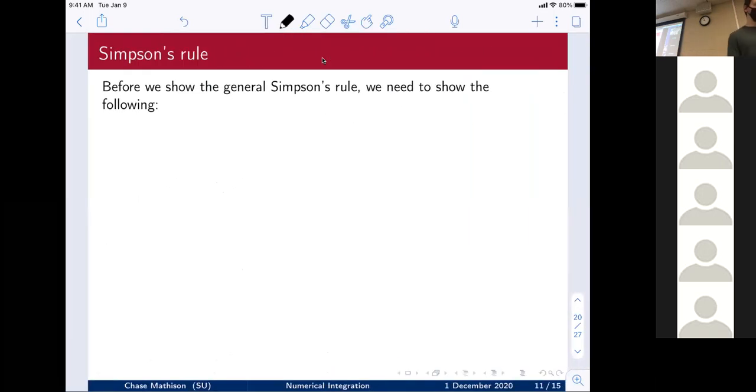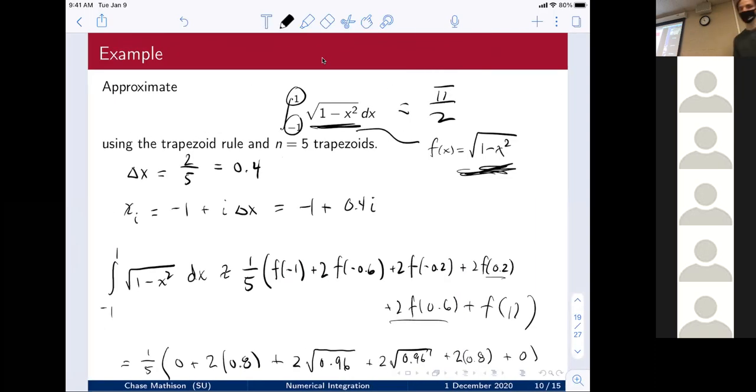Any questions on this so far? Okay, so we're not going to get into Simpson's rule, but if we actually calculate this out really quick, I'm going to get 1 over 5 times, for those at home, I'm just using the calculator on my MacBook. So 2 times, really 4 times 0.8 plus 4 times 0.96 gives me 1.42.